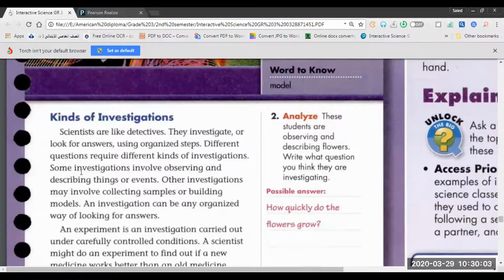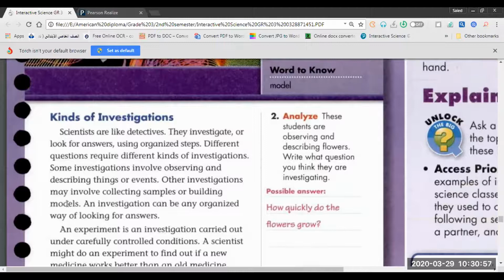Here in the second paragraph, some investigations involve observing and describing things or events. The first type of investigation is when you describe whatever surrounds you, or describe an event, or observe something. Another type of investigation might involve collecting samples or building models, like the model that we did in the previous activity.